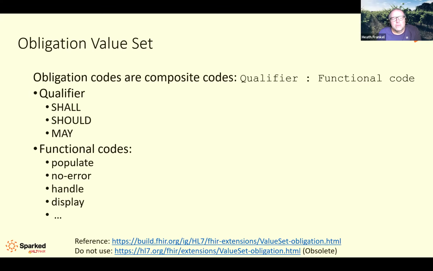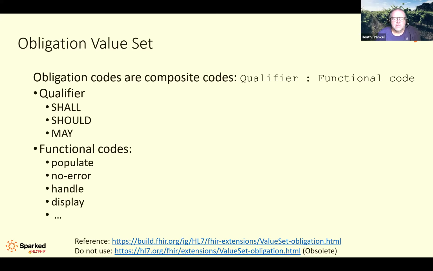So the obligation extension has a value set, and it is composed of a couple of codes. There is an initial one, a qualifier: shall, should, or may, and then there are some functional codes, things like populate, no error, handle, display, persist, etc. I've got some references down the bottom here on what that value set is, and there are a couple of versions of this value set.